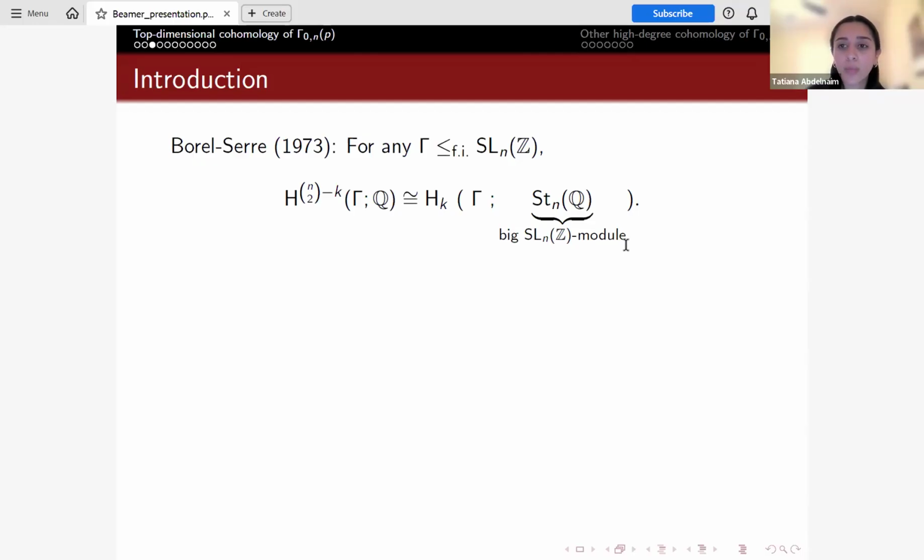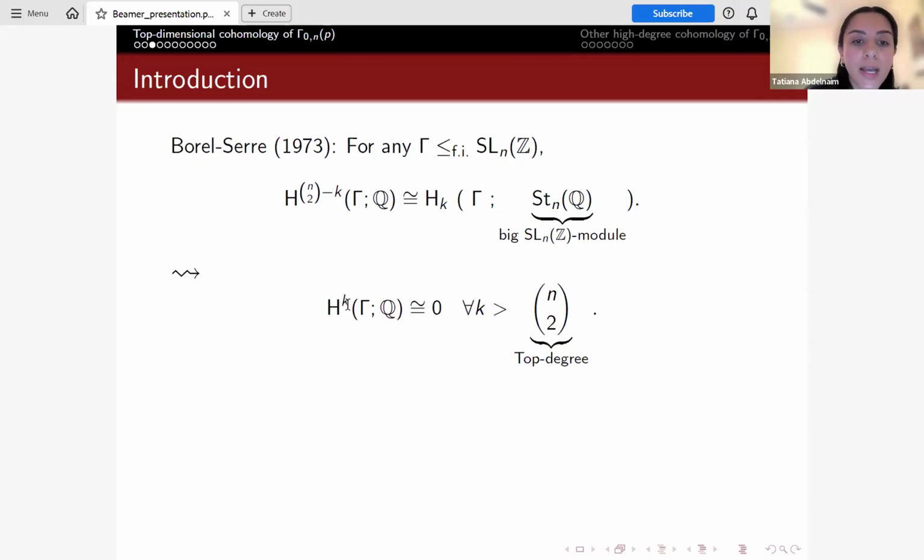I will talk about them a bit more later. And this isomorphism is for any k. So in particular, if we look at the cohomology in degree k of Gamma with Q coefficients, and k is anything bigger than n choose 2, then with this isomorphism, we get a vanishing result.